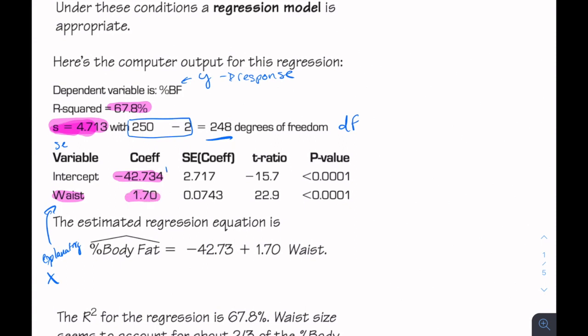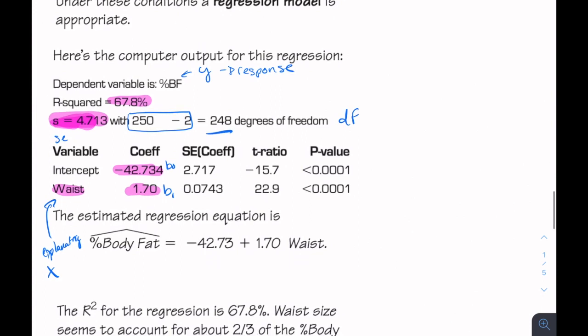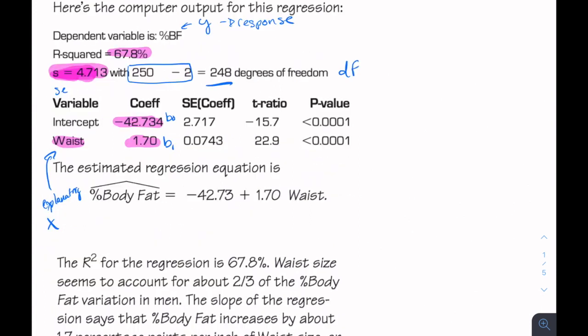This is our b naught, and this is our b1. If we wanted to write out our estimated regression line, we would say our predicted body fat percentage is equal to negative 42.73 plus 1.7 times waist. So as waist goes up, body fat percent also goes up.